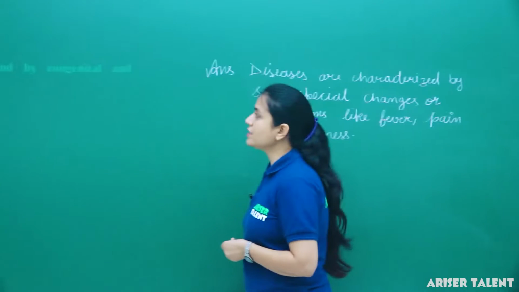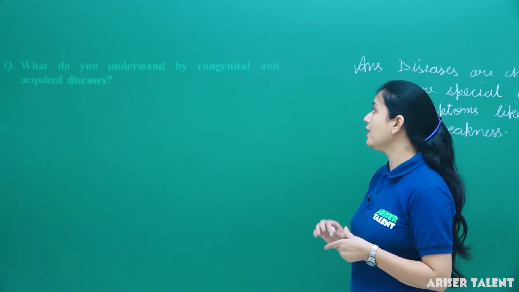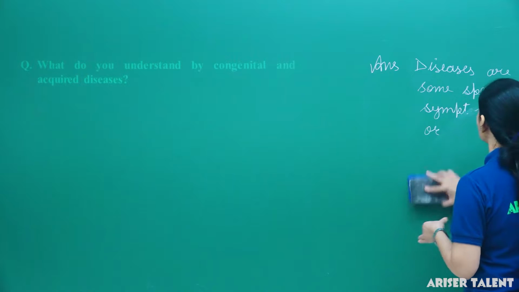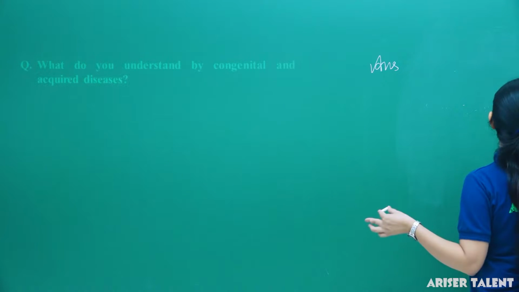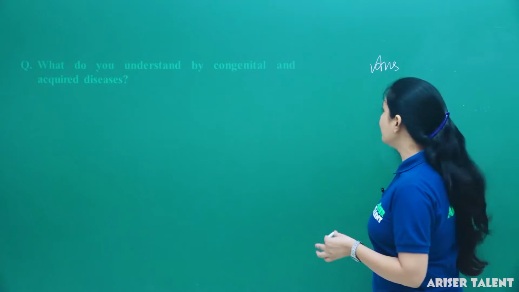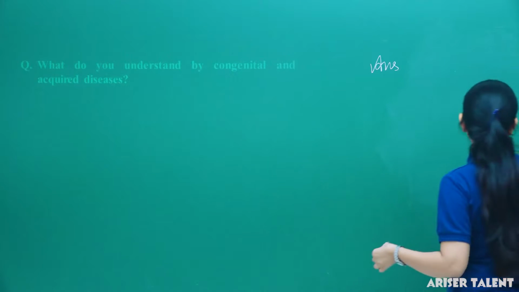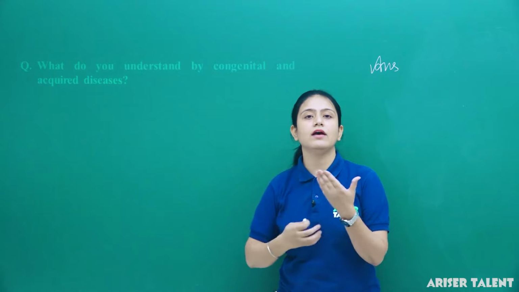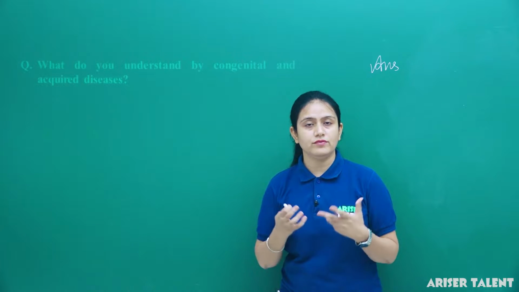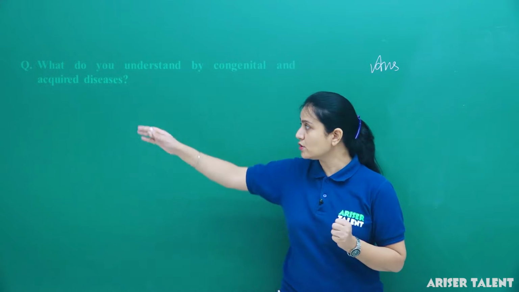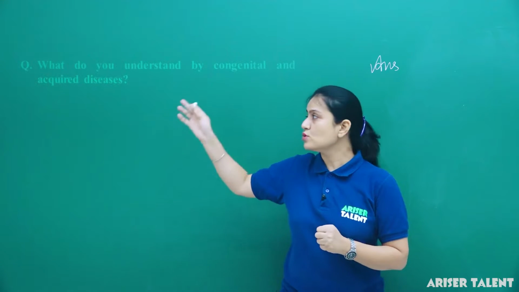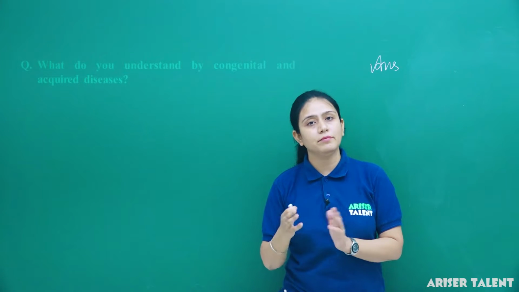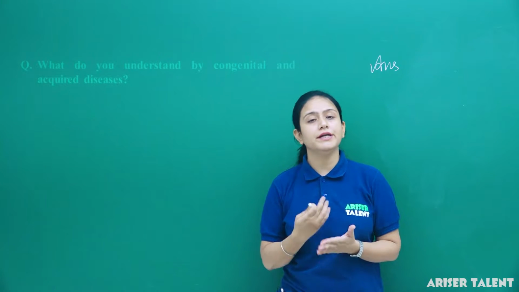Next is, what do you understand by congenital and acquired diseases? Congenital diseases means diseases which are present by birth, and acquired diseases means diseases which we have got from the environment. Congenital diseases are present in the organism by birth, and they are caused by genetic disorder.